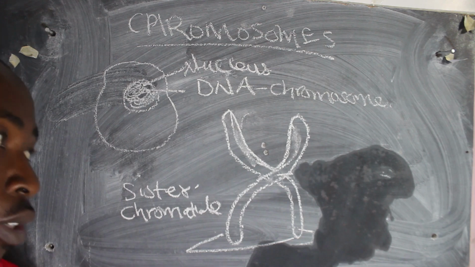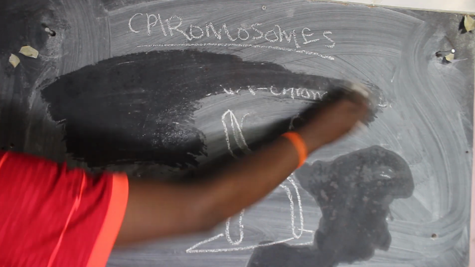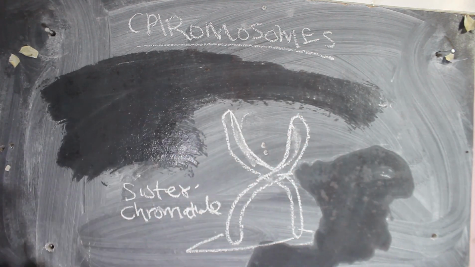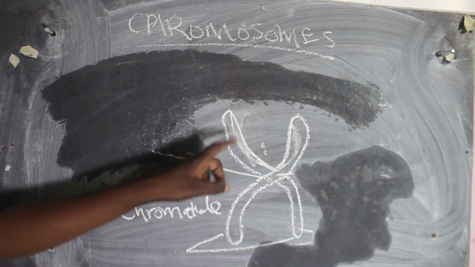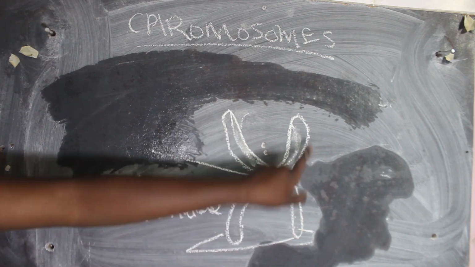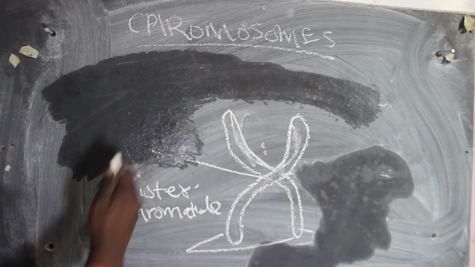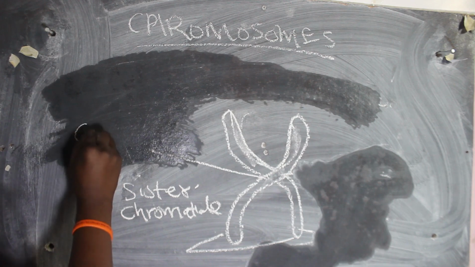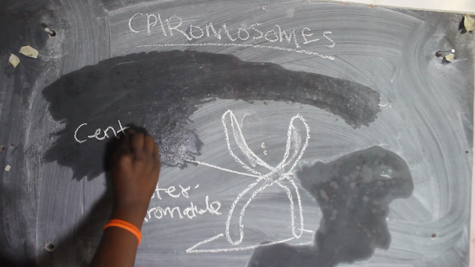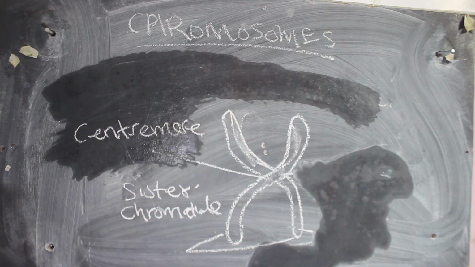And you can see that where this single chromatid and this other chromatid are crossing each other, meeting each other, it is what we call a centromere.